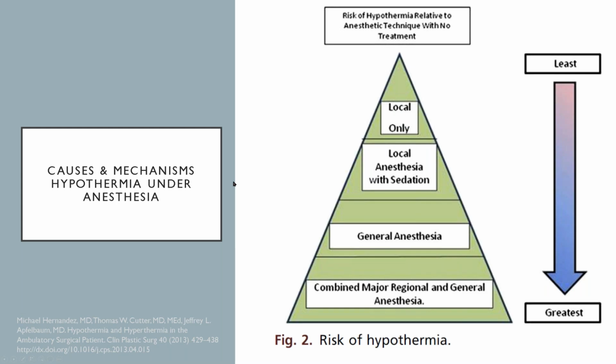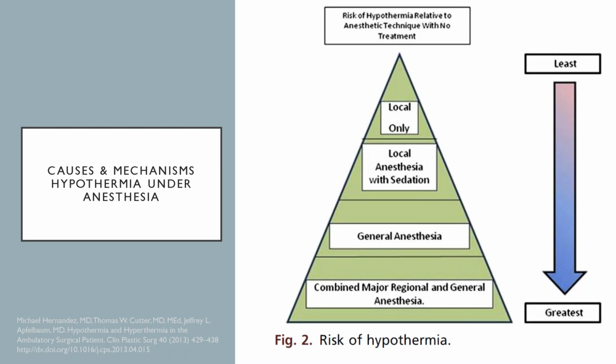So this graph or slide, I think, is quite important, more for the appreciation of what the problems are. People are, I think, under the assumption that if we're just doing a regional case, or just regional with sedation or something like that, we're probably not going to have to worry about hypothermia.